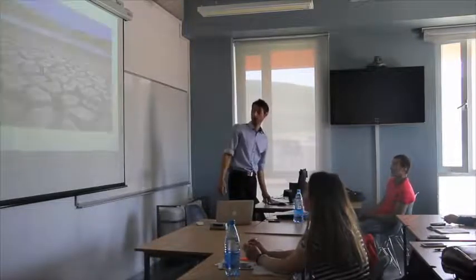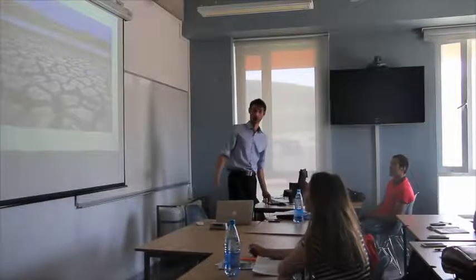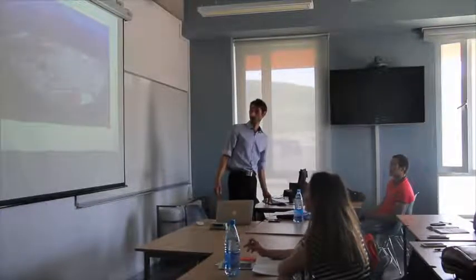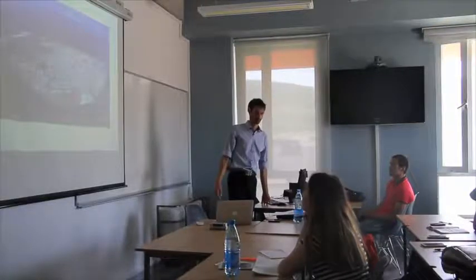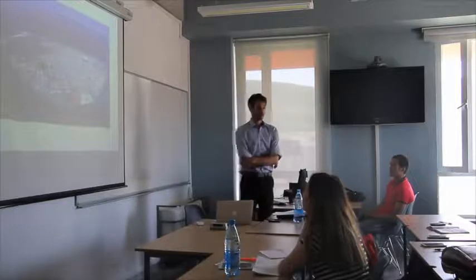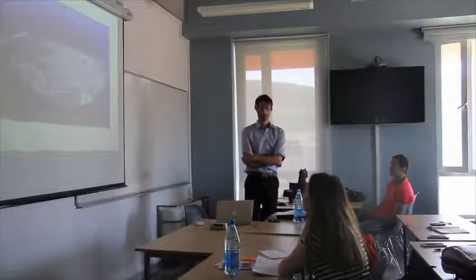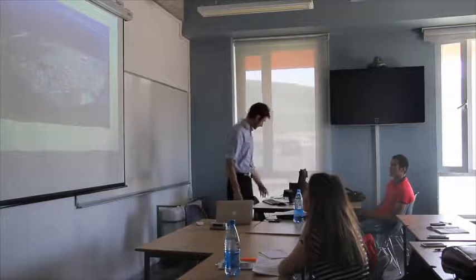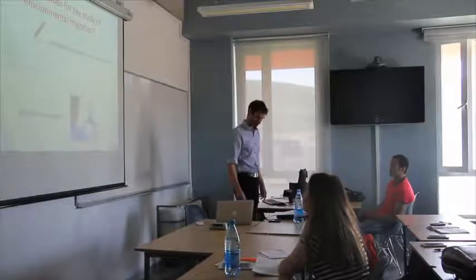We can think about floods, and about more progressive phenomena such as drought. I'm not sure which island this is, but it's another example of islands about 1.5 meters above sea level which could probably disappear completely in a few decades or a few centuries. So these are dramatic impacts.